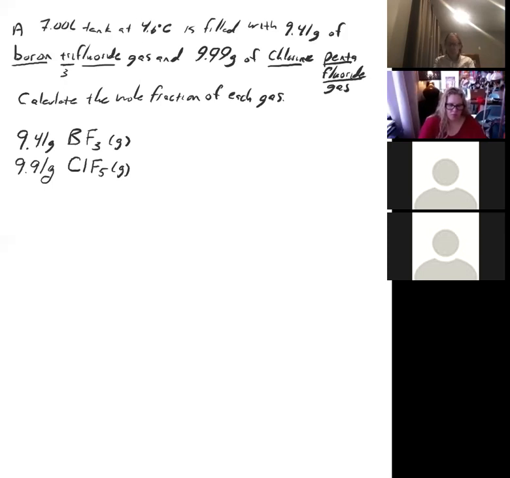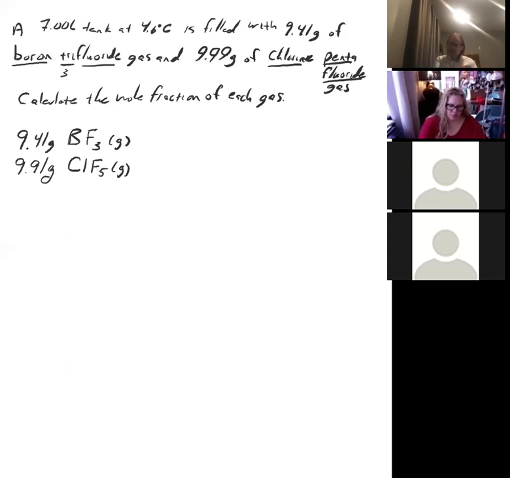So we could use PV equals nRT. But they actually gave us the mass of each material. And remember, going back to chapter 3, if you know the mass of a substance and you know its chemical formula, you can calculate the number of moles immediately just by using the molar mass. So no need for that information about the volume or the temperature.